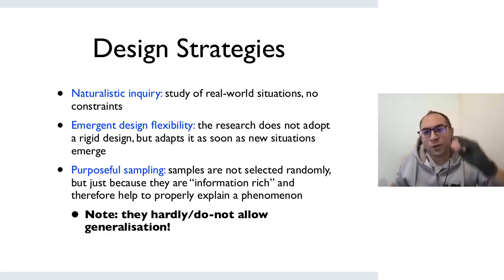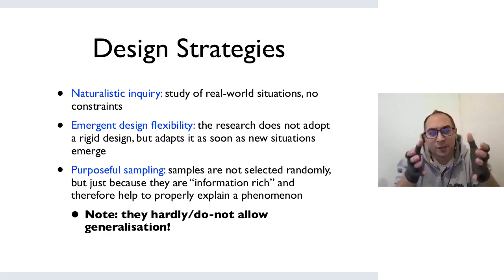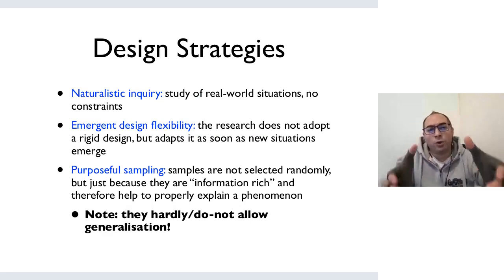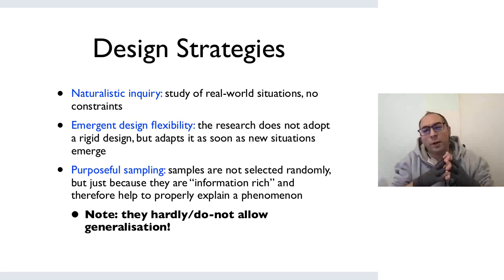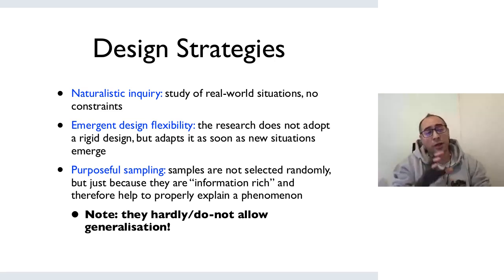Now, each of these three has specific characteristics, and they can be cast onto whatever research design, whatever research problem you might have at your discretion. For example, naturalistic inquiry means you are studying real-world situations, real-world scenarios, and you are not supposed to have any sort of constraint.